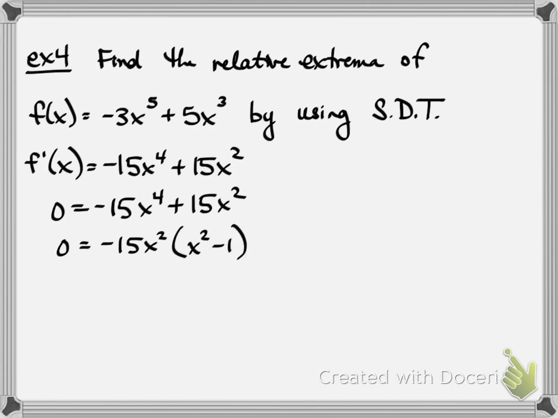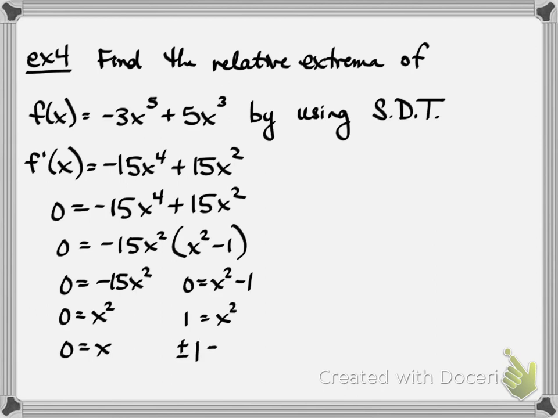I factored out a negative. Set your factors equal to 0. Divide by 15. Take the square root. Set this factor equal to 0. Add 1. Take the square root. So we have 3 c values to test in the second derivative.